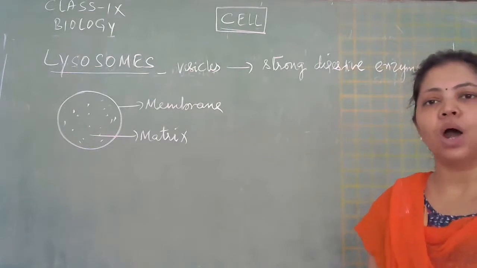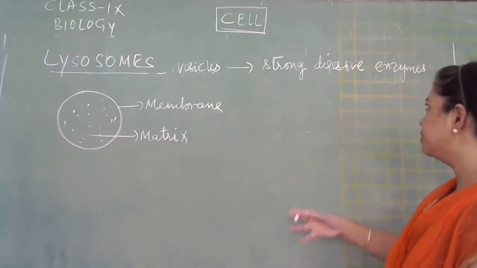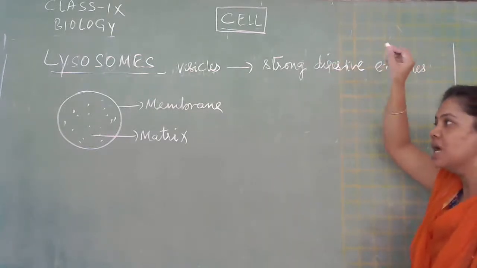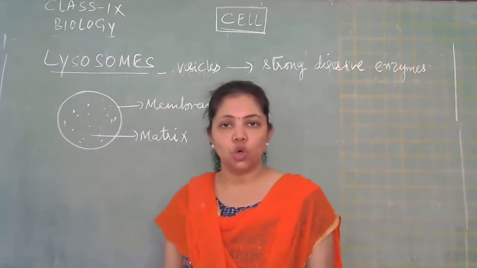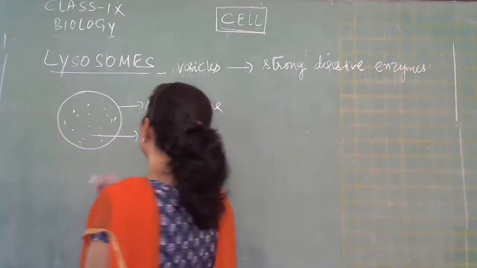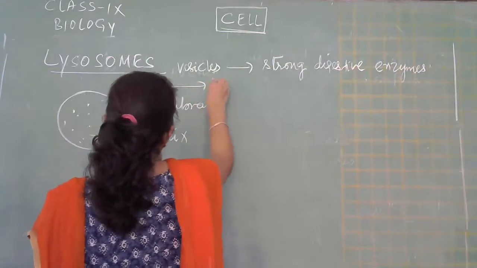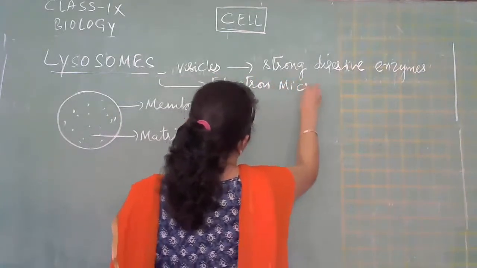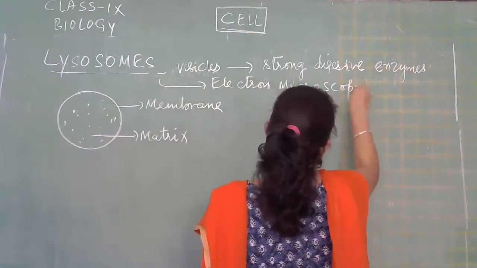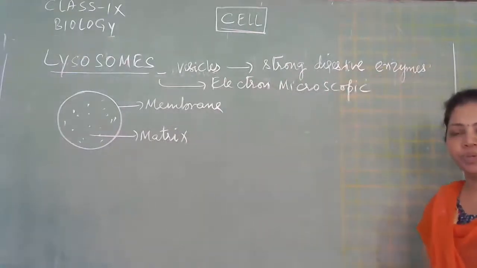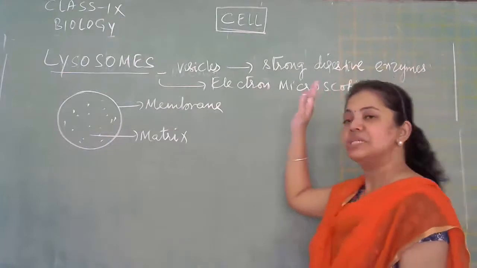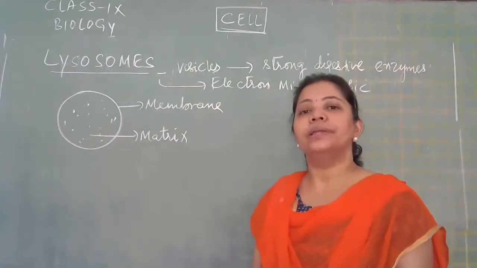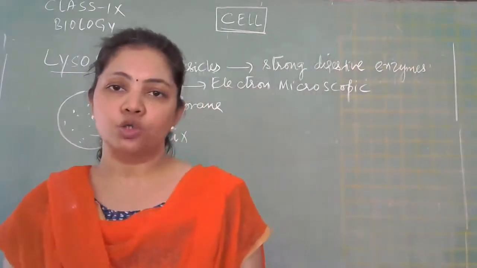So membrane bound vesicles which are filled with strong digestive enzymes are called lysosomes. And do remember that lysosomes are also electron microscopic by nature, meaning that they are visible only under an electron microscope.